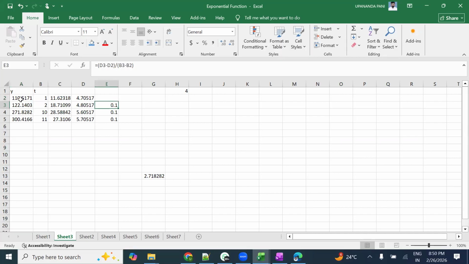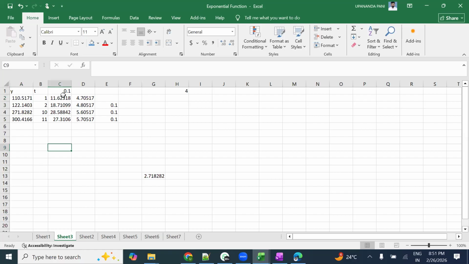First of all, you can see 100 into exponent. Already I told you the use of the exponential function, right? Into 0.1 beta times t. The beta value is 0.1, already given to us. I have written it straight away, but you can also use a cell and freeze it. Rather than writing it the way I have, you can write 0.1 and put the cell value C1 over there and use the dollar sign. That is better.